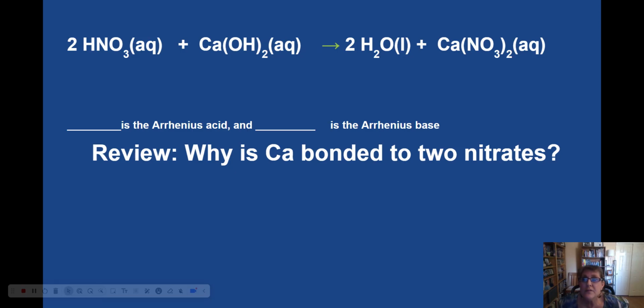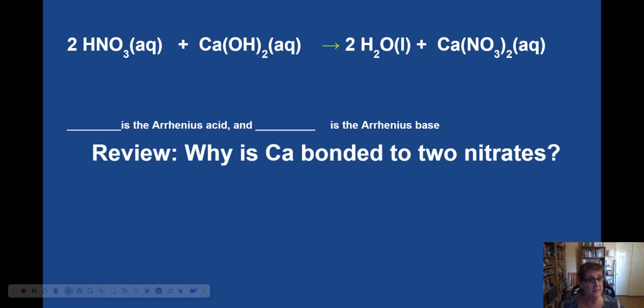All right, which one of those is the acid and which is the base? All right, I hope you said the HNO3 is the acid because it has an H. I'll give you a hint. We put the H's in front of acids so you know which H comes off. So HNO3 is an acid.